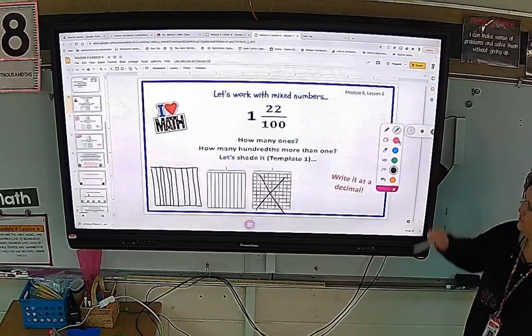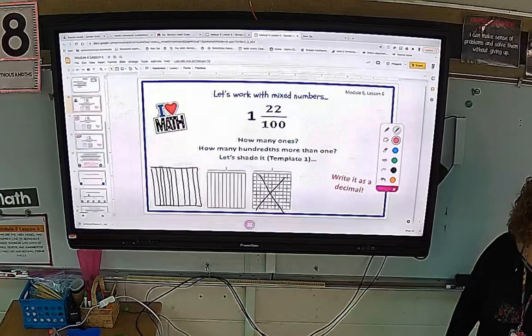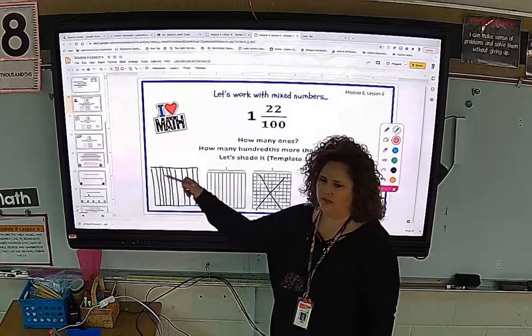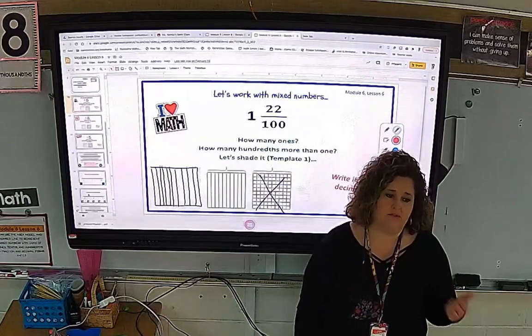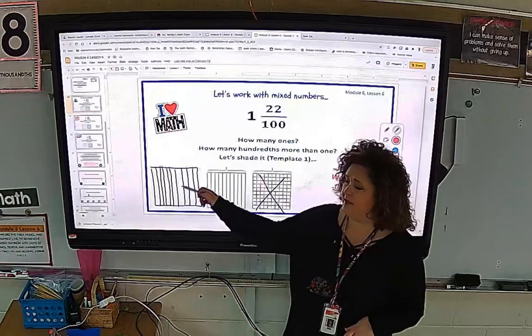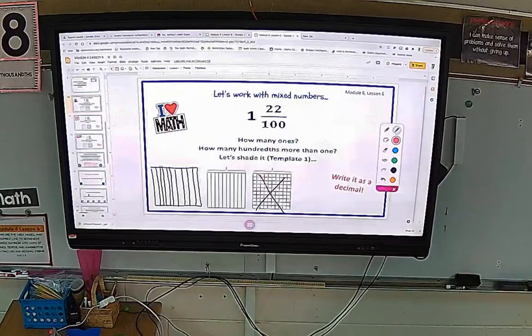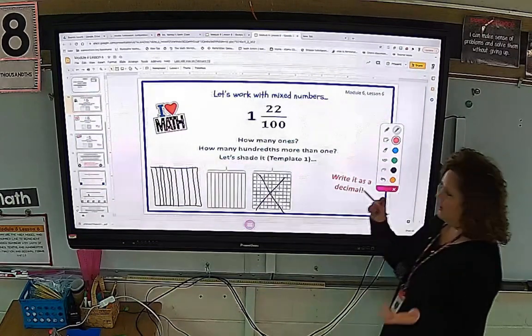Not at first. We're not going to go, oh, let me draw all those lines. I could, but it's going to take me a lot longer, it's going to be a lot messier, and it's going to be harder to read because it's not a printed template like you have. How would you start? Shade in a whole box.